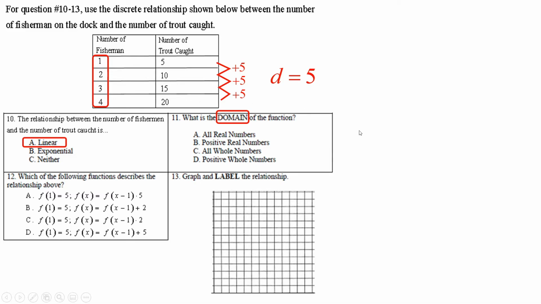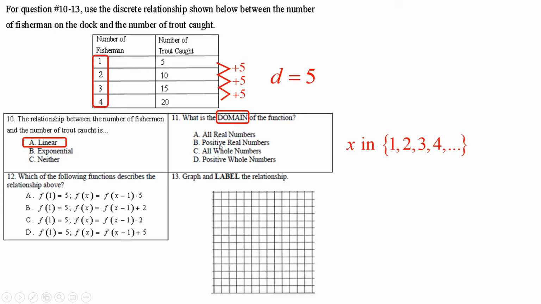So x is the set, and just list your x values, 1, 2, 3, and 4, and so on. Okay, so that's how we would write this domain right here. Now, is that all real numbers? No, all real numbers are any number, decimals, fractions, and positive whole numbers like we see right there. Okay?